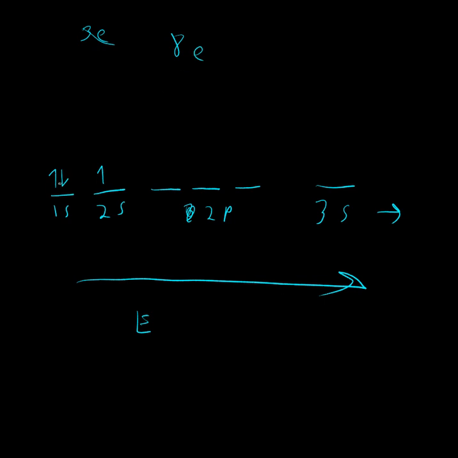We would still have this, the first 2 would fill out like this, next one would fill out up, then down. And now here's the important thing, we would use Hund's rule, and so we would not fill out a single orbital completely until we filled out all of them. And so we have 1, 2, 3, 4, 5, 6, 7, 8. This would be the electron configuration of oxygen.